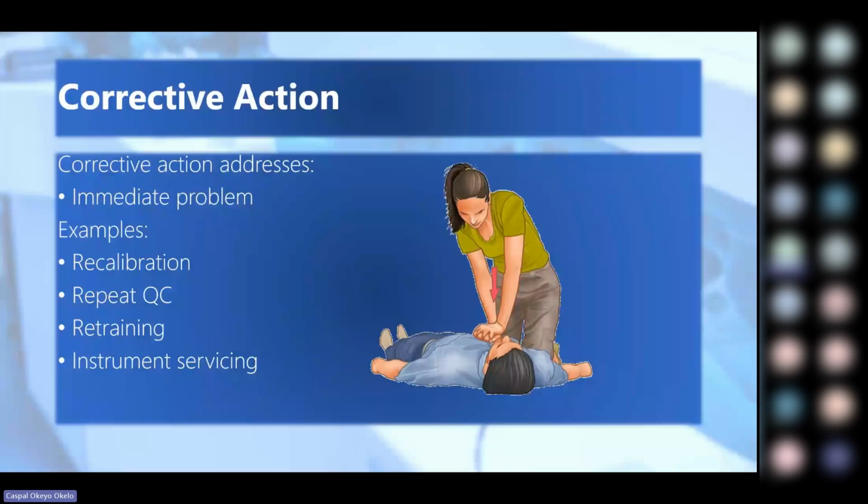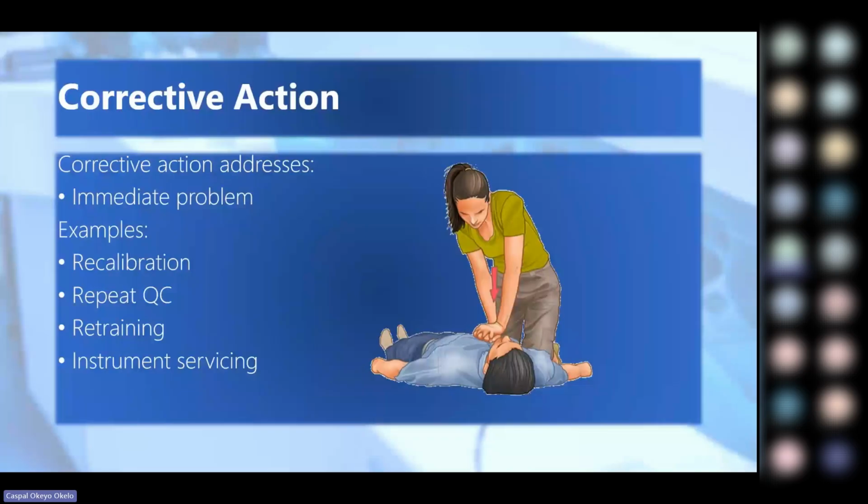Same way in the laboratory, if an EQA result is biased, our corrective action is like CPR. So that is the corrective action that we will do once we realize that our EQA results are biased. You'll recalibrate the analyzer, you'll repeat your QC, you'll verify the reagent lot, you'll review potentially affected patient results, and then you finally document the incident.